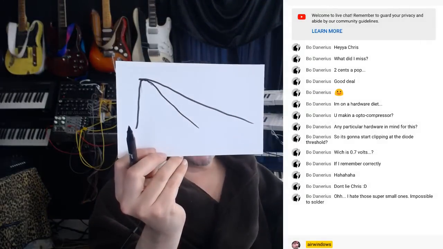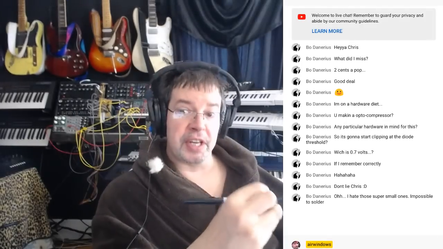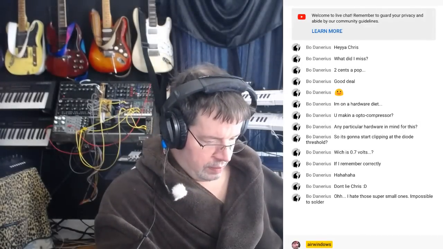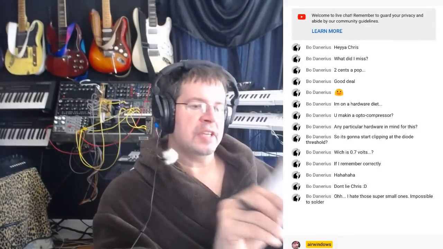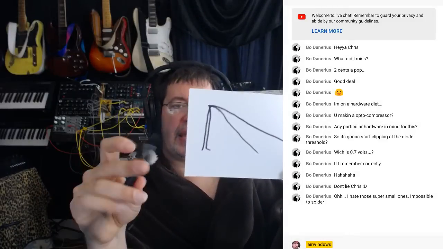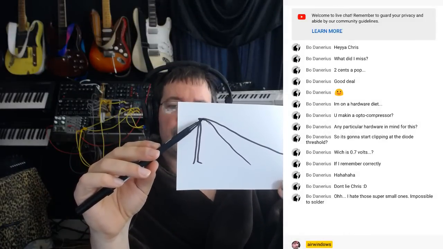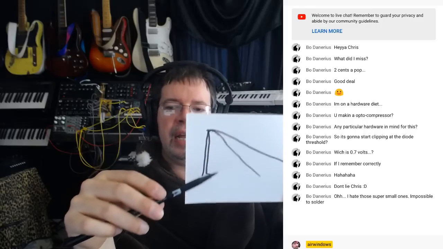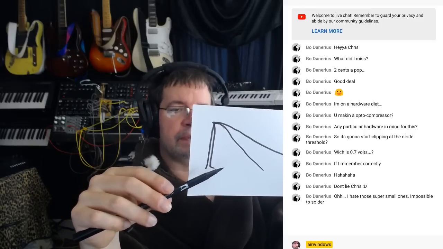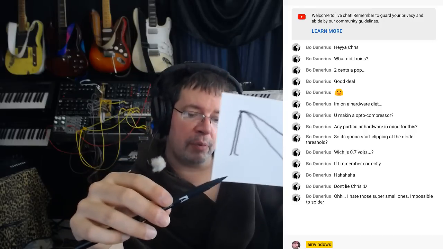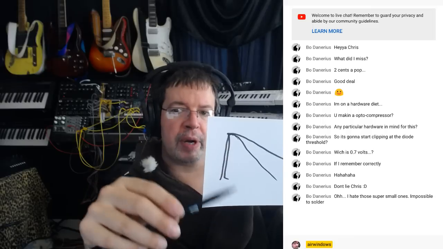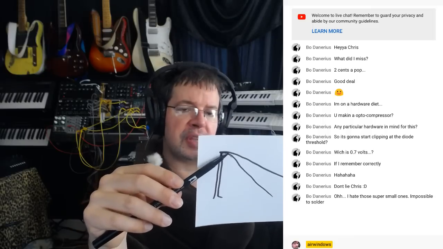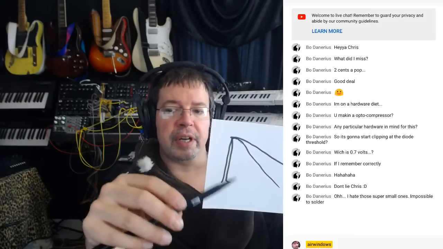And if you have one of these tiny little cells that you can get for insanely cheaply, it's going to act like this. You're going to make it go to a very low resistance when you hit it with a bunch of light, and then it's going to instantly go back again. So it doesn't sound like you want, and you also can't do an optocompressor just using these in the simplest circuit.